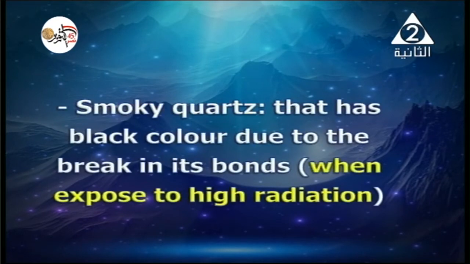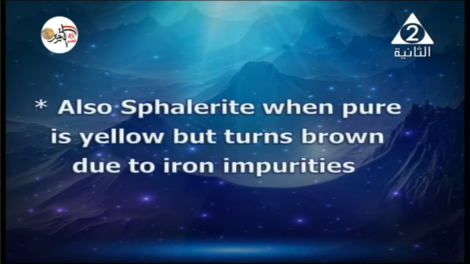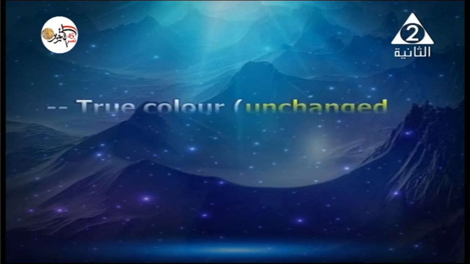A smoky quartz has black color due to the break in its bonds when exposed to high radiation. Also we have milky quartz, which is due to the presence of gas bubbles. Also we have sphalerite. When pure it is yellow but turns brown due to iron impurities.